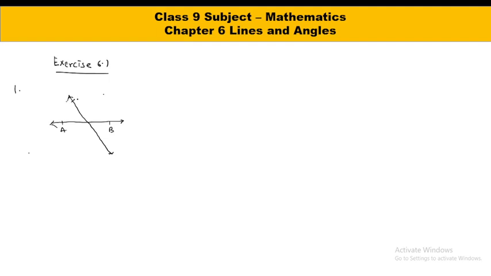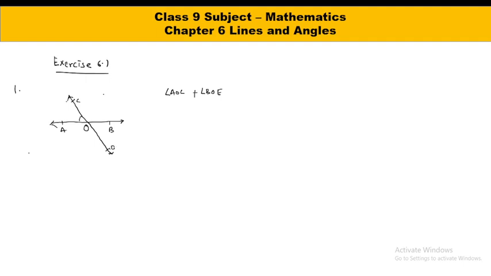Here you can see CD line intersects line AB at O. Angle AOC plus angle BOE.